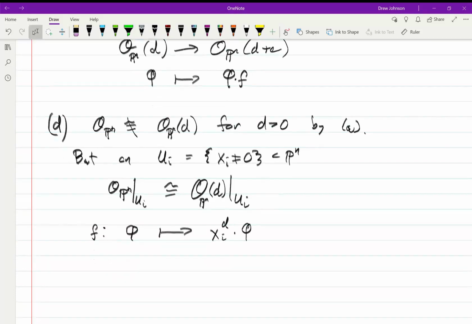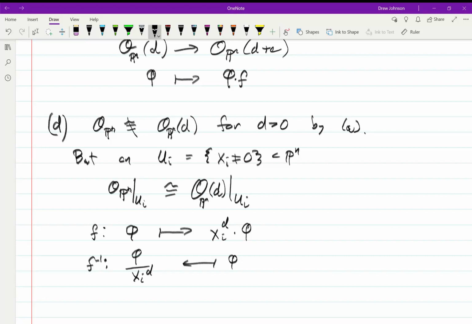Okay, that works anyway, even if you didn't restrict to U_i, but it will have an inverse if it were restricted to U_i. So the inverse will be given by taking phi and mapping it to phi divided by x_i to the D. Okay, and this is perfectly okay because we're restricted to U_i where x_i is not equal to 0, and it's clear these are inverses.